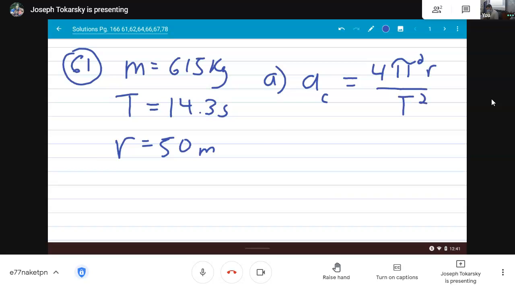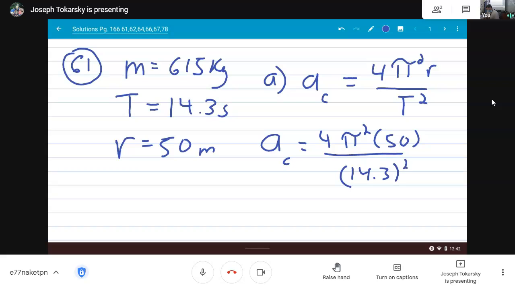If we use that form of it, we got all that stuff directly from our givens. So 4 pi squared times 50, all divided by 14.3 squared. Run those numbers real quick.